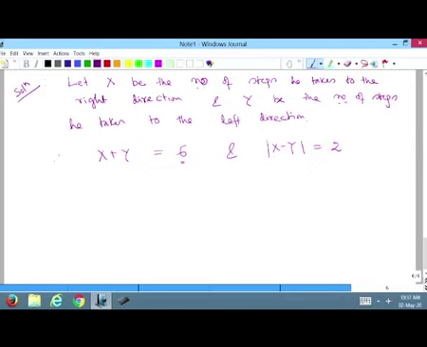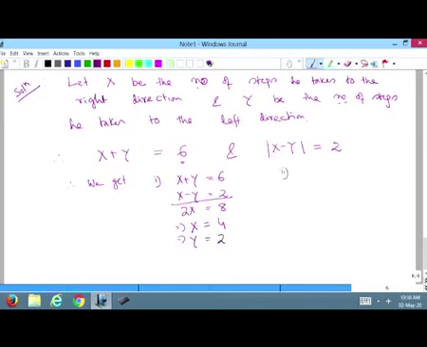Therefore, we get 2 equations. One pair of equations is x plus y is equal to 6 and x minus y is equal to 2, implies 2x is equal to 8, implies x is equal to 4, implies y is equal to 2.